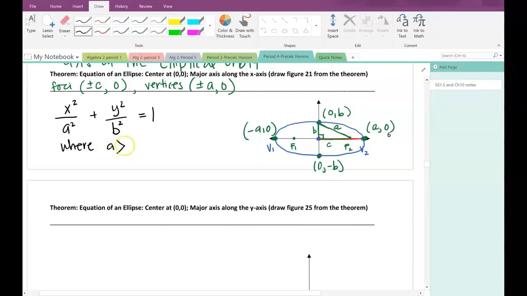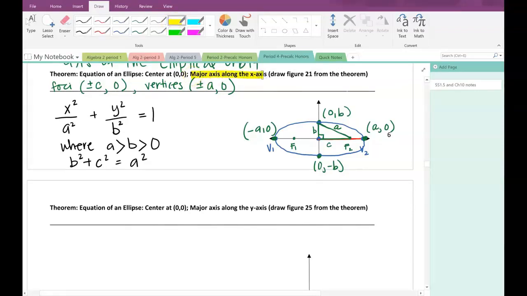So A is going to be bigger than B, and both of them will have to be positive, which is greater than 0. Now, based on the Pythagorean theorem, since A is the largest value, it's going to be B squared plus C squared equals A squared. Okay? And the major axis, it's on the x-axis. All right, that's what it says right here.